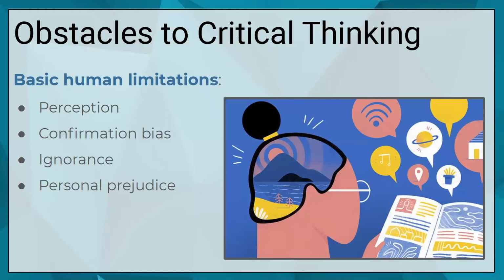The first subcategory are obstacles based on our basic human limitations. We as humans have limitations that we have to acknowledge when we interact with our surroundings. The first one, of course, is perception.